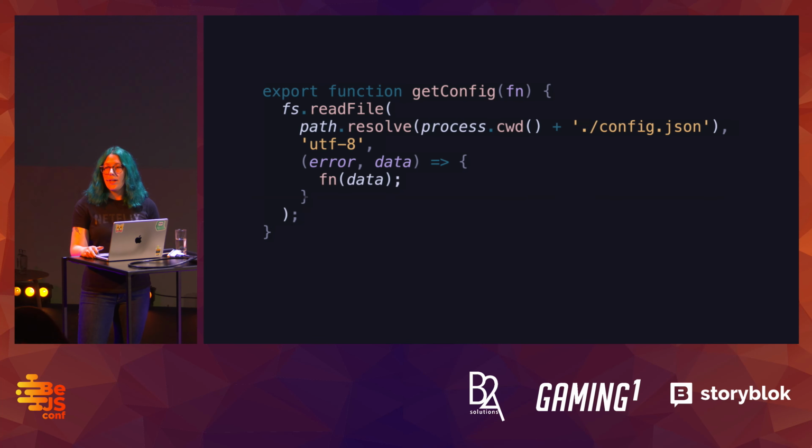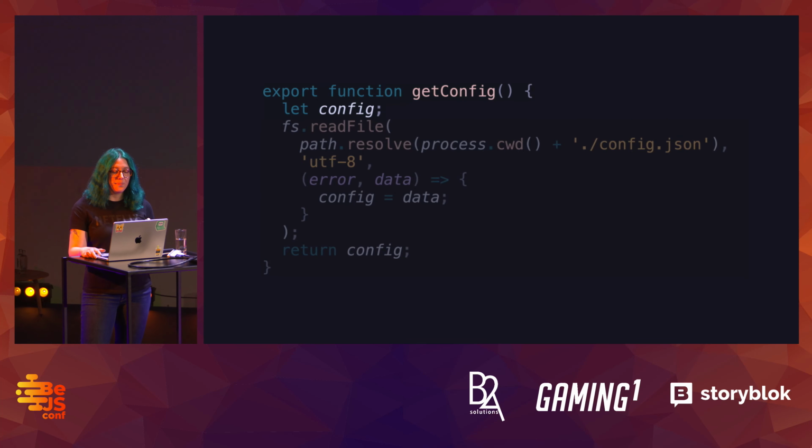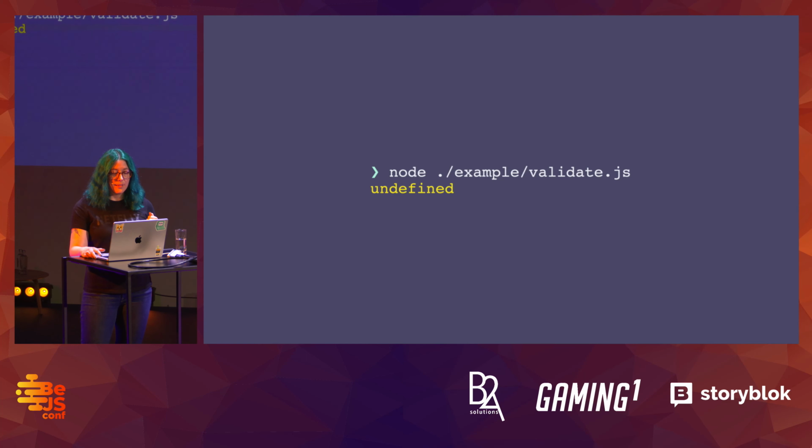And to be honest, it kind of sucks that you have to pass in a function. So maybe we can modify this to return the config like we expected. To do that, we're going to create a new variable. We're going to assign that data to the variable. And then we're going to return it. But when we run this, we still get undefined.